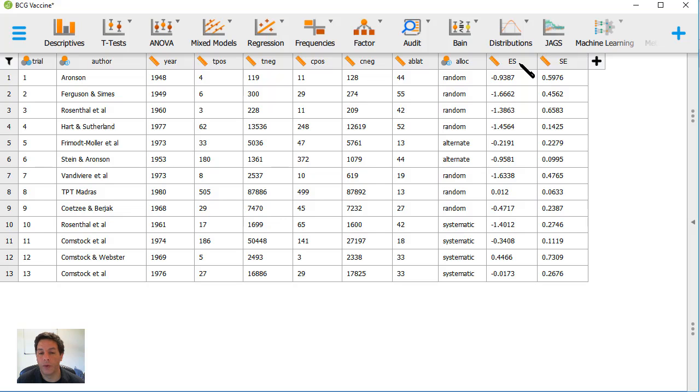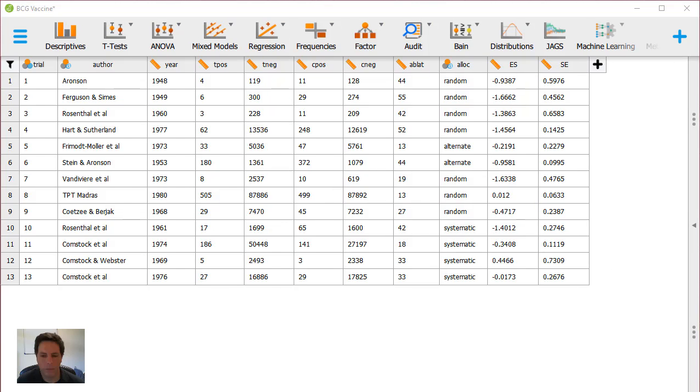Then you do the number of positive cases divided by the number of negative cases in the control group, and then a logarithm is calculated on both of those two numbers, and then a subtraction occurs. So that is the effect size. Basically it tells us how effective the vaccine is.